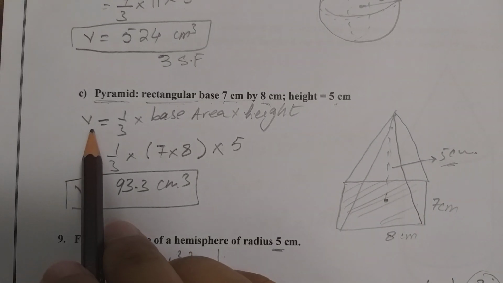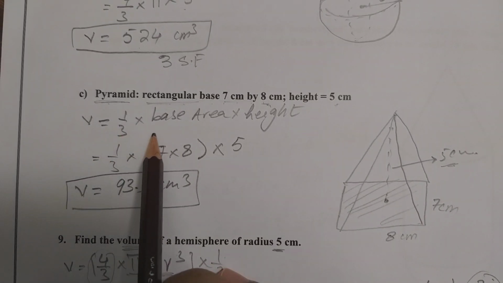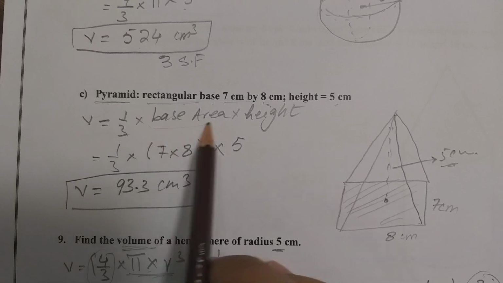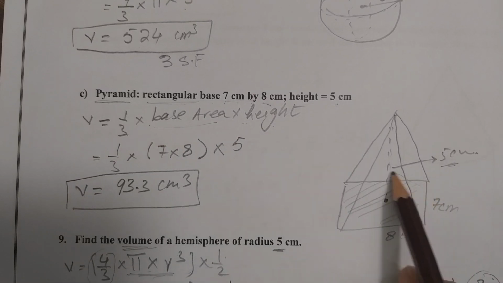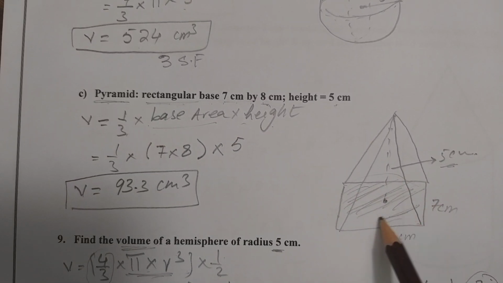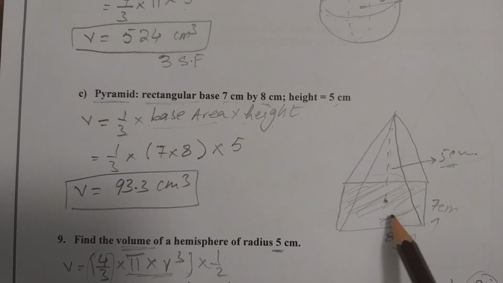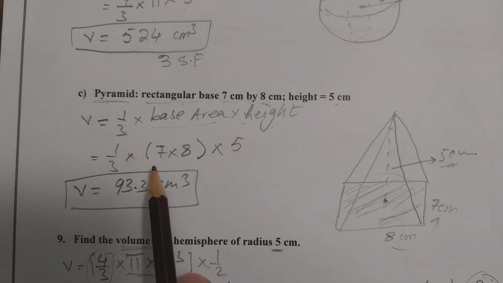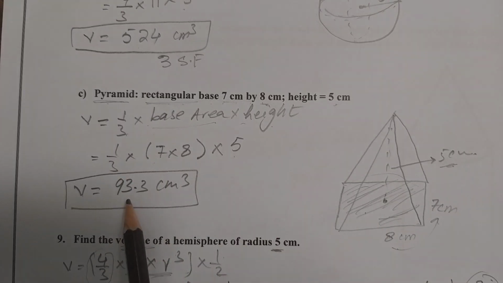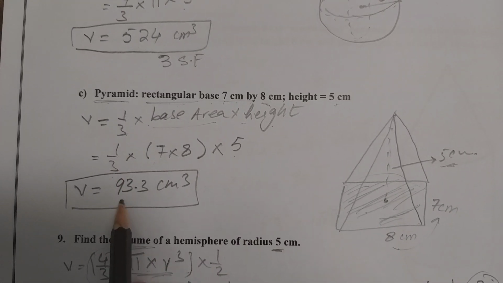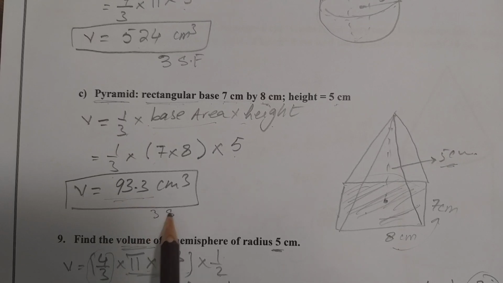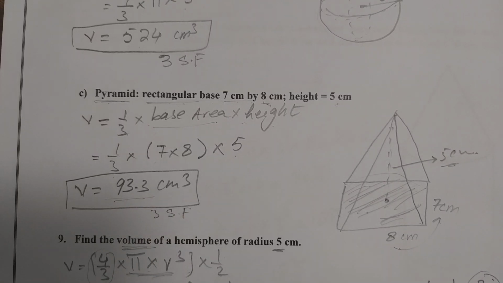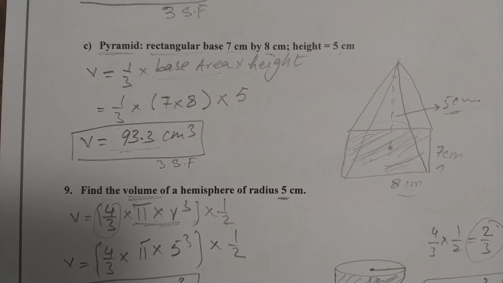We know the formula, volume of the pyramid equals 1/3 of the base area times the height. This is the base area, 7 times 8, you will find the answer, which is 56. Multiply by 5, then divide by 3, so you find the answer, which is also 3 significant figures. After simplifying, you will find the answer.